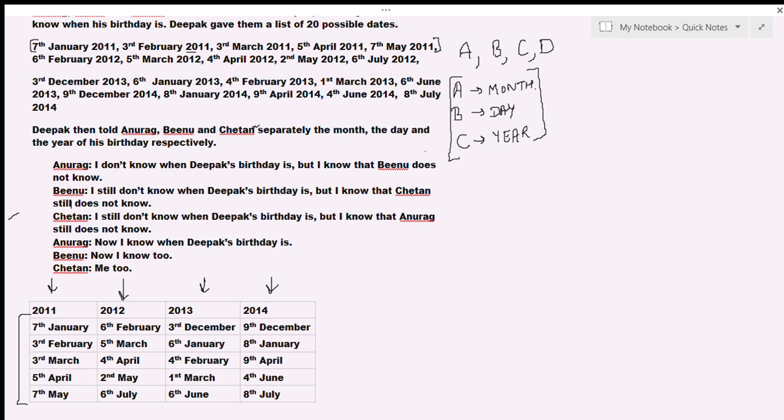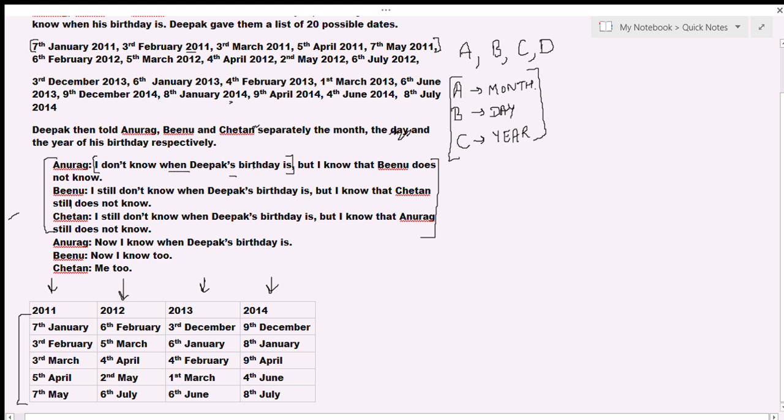Further, if you notice, each of the 3 statements here has 2 parts. First of all, let us focus on the first statement of Anurag, and only the first part of his statement: I don't know when Deepak's birthday is.